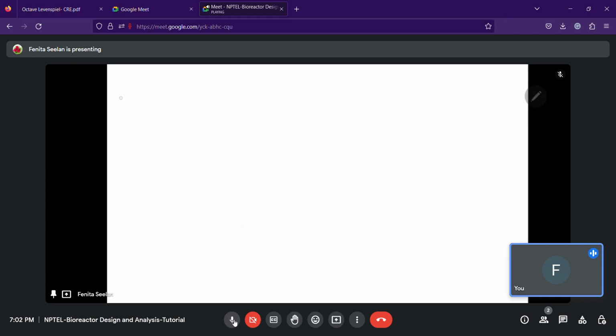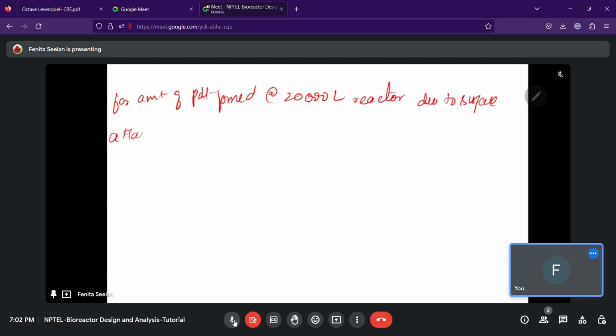So similarly, to calculate the amount of product formed at your 20,000 liter reactor due to surface attached growth, what it would be?